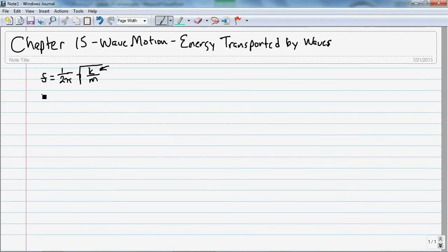So I'm going to have frequency squared is equal to 1 over 4 pi squared k divided by m, and moving everything across, if I move this bottom part over, I can get k.